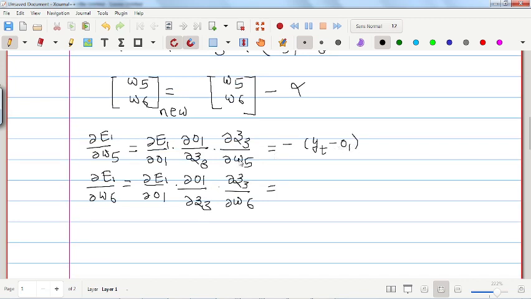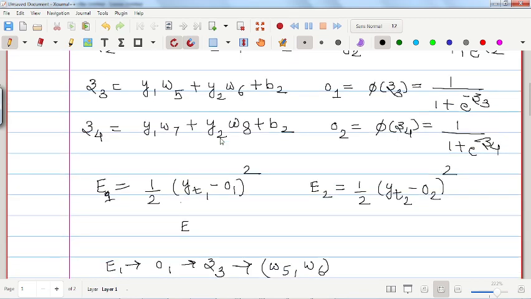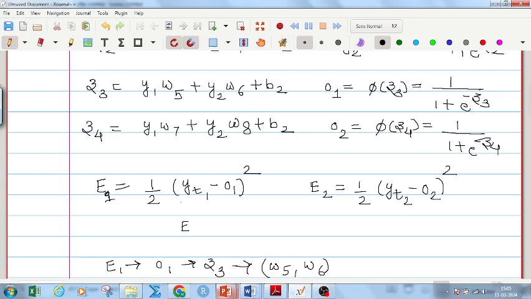Now we find del O1 by del Z3. O1 is phi of Z3, and phi dash of Z3 is the derivative of this. Immediately let me show you one thing.